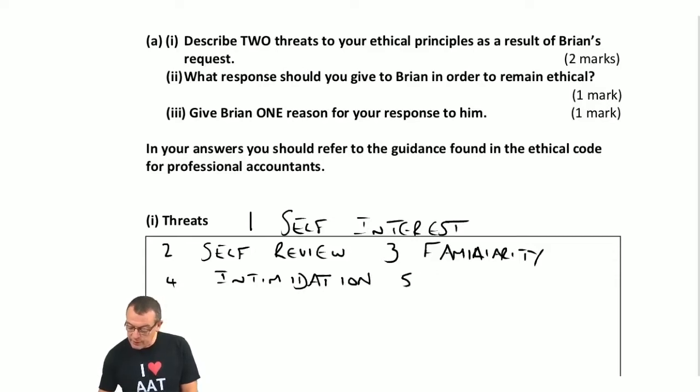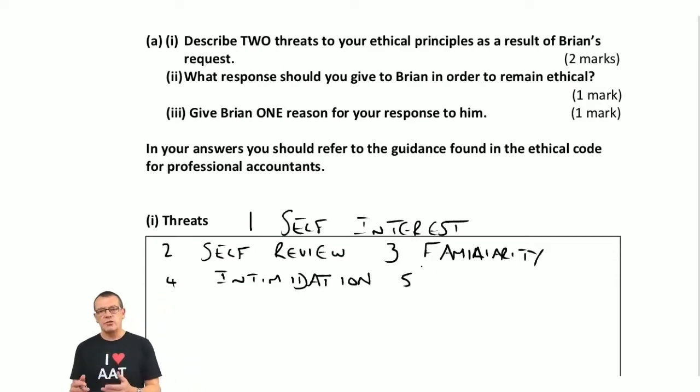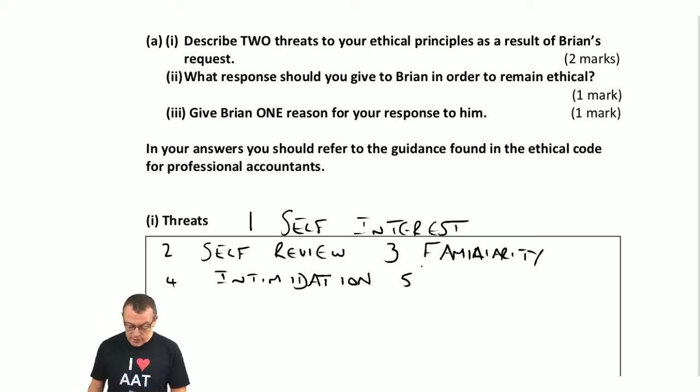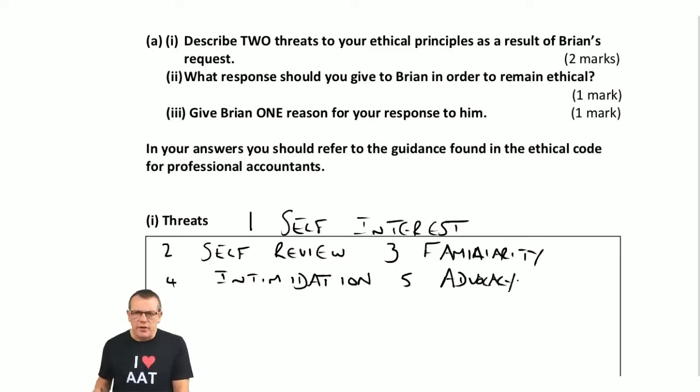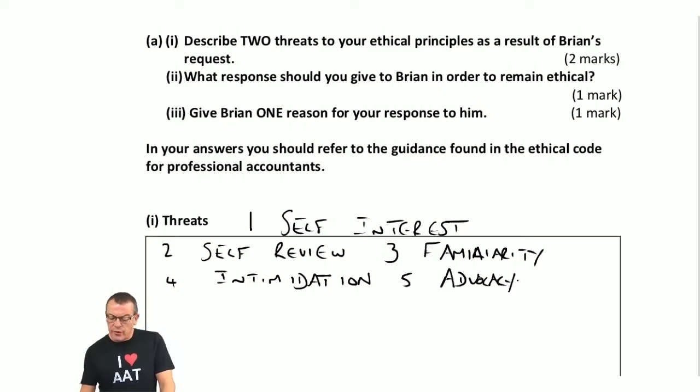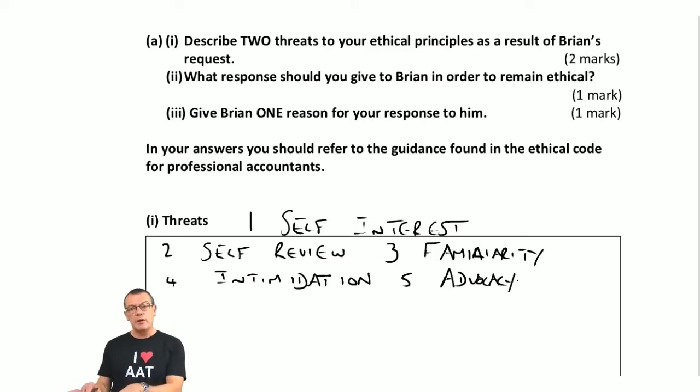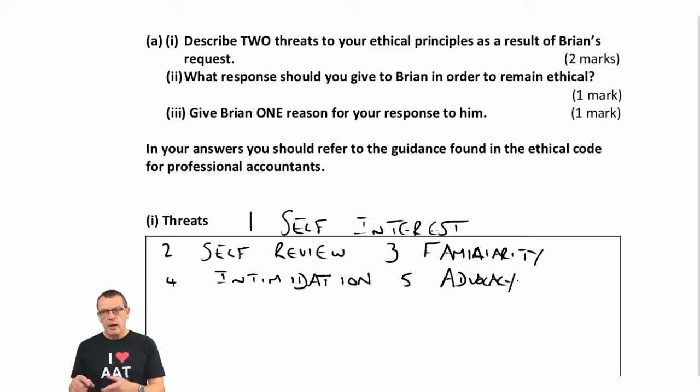And number 5, I'm writing the full amount of threats in here, and we'll underline the ones that we'll get to put into the answer. And number 5 would be advocacy. So from those threats, you need to identify which 2 threats to ethical principles. Now there may be more than 2 available, which means that there could be 3 that are applicable.